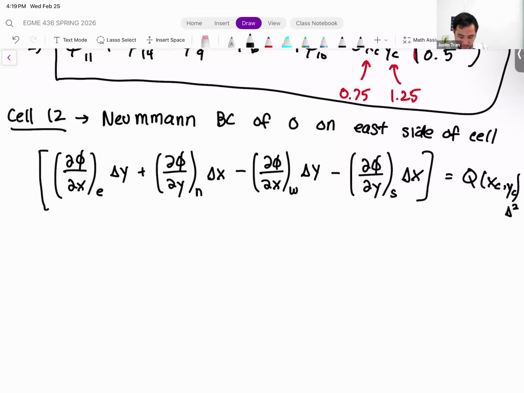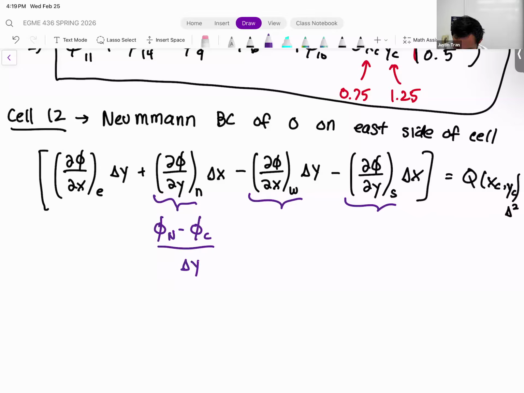All right. So for all the other derivatives here, let's do those first. I think this will be a good reminder in terms of how we evaluate these. For all the other derivatives, we essentially use a central difference scheme based on the center cell and the neighboring cell. So for partial phi partial y on the north side, this is equal to phi north minus phi sub c, all divided by delta y.